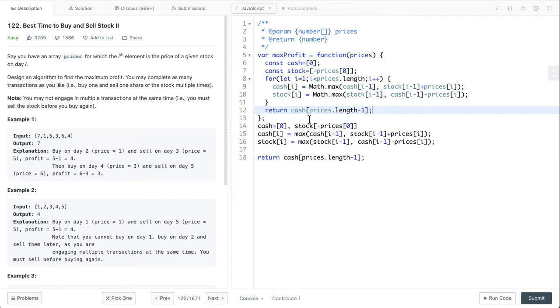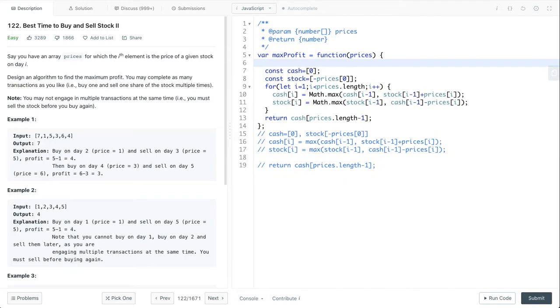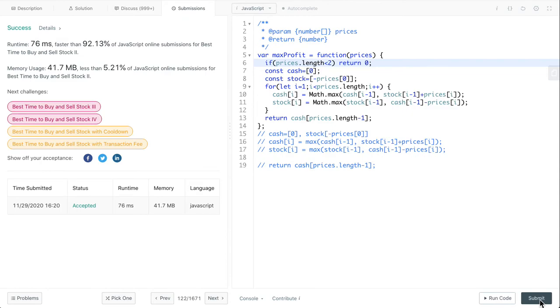And in the end, we can return cash at prices.length minus 1. Before we submit, let's do a length check for prices. If the length of prices is 0 or 1, the profit will be 0. And let's submit. It passed.